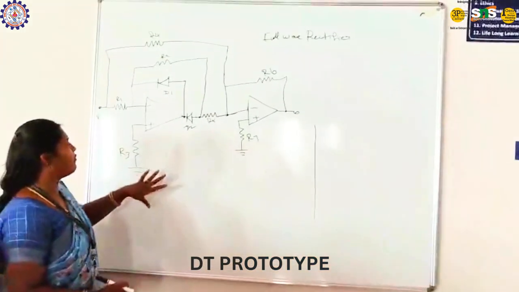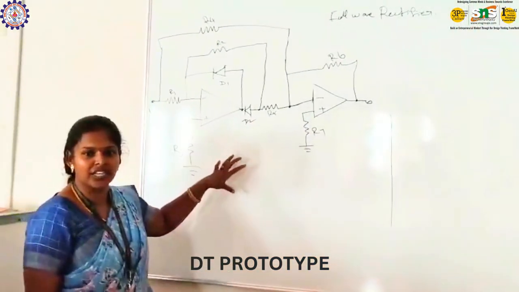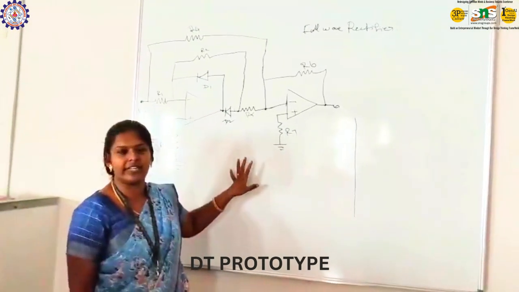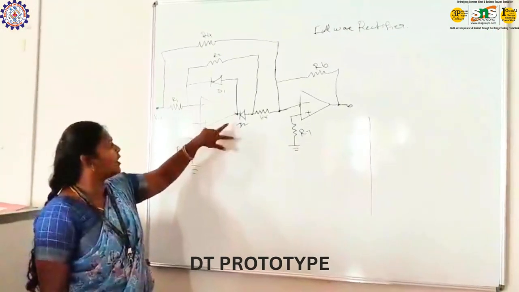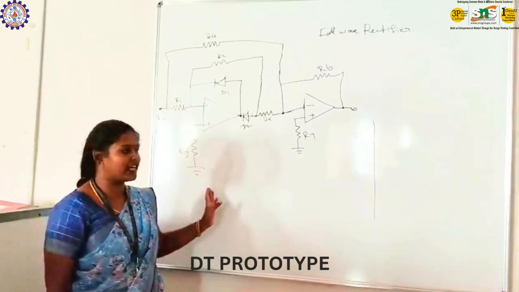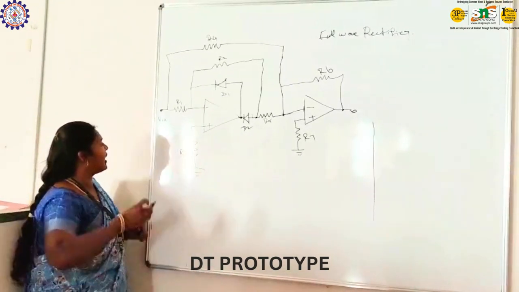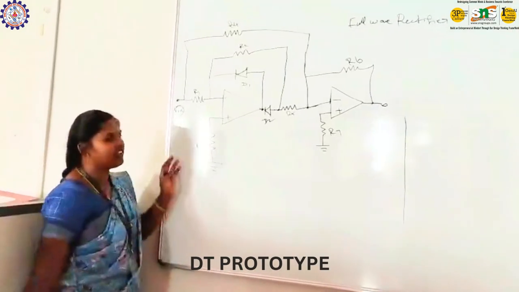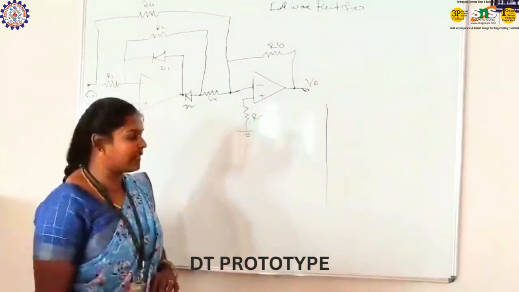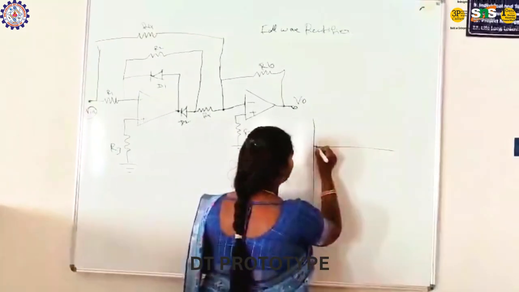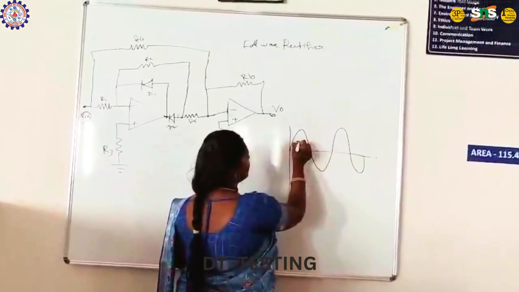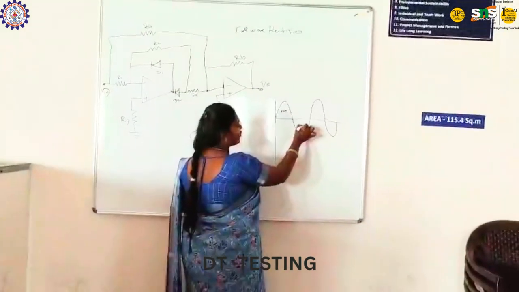So this is the diagram for full wave rectifier by using operational amplifiers. So here I use 2 inverting amplifiers and 2 diodes, that is D1 and D2, and 7 resistors for this connections. So initially I applied this is the input V, and here V out will be taken. So here I will apply the input signal, that is positive peak and negative peak.